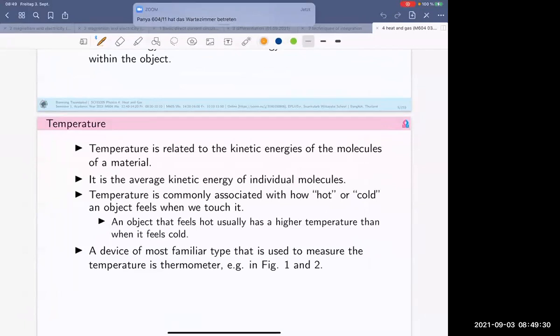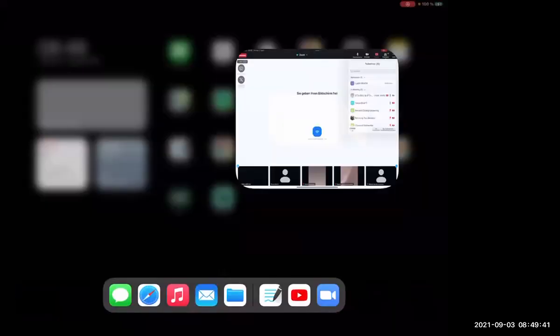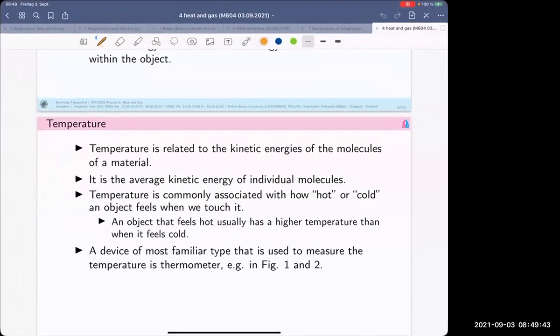You can use your smartphone nowadays to scan any object if you want to see the temperature of anything, right? Especially here in the pandemic era and pandemic situation.